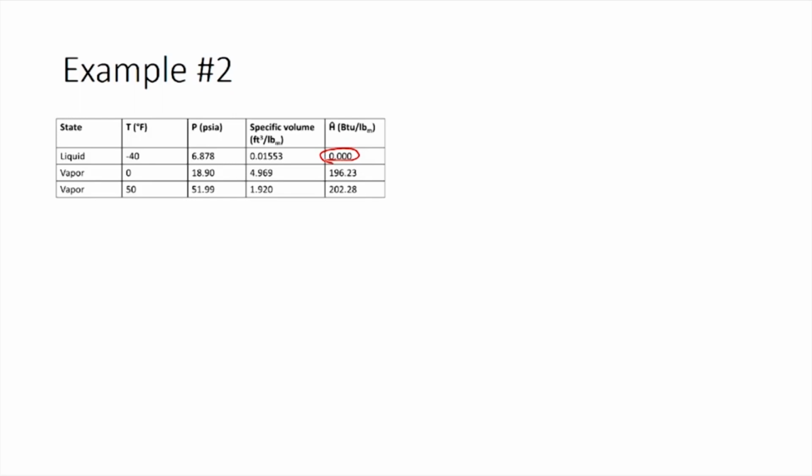This implies that the specific enthalpy value entered here is relative to the reference state, and that value is 0, implying this would be the reference state. So, therefore, the reference state for this problem would be liquid, minus 40 degree Fahrenheit and 6.878 psia. So, this identifies the first part.